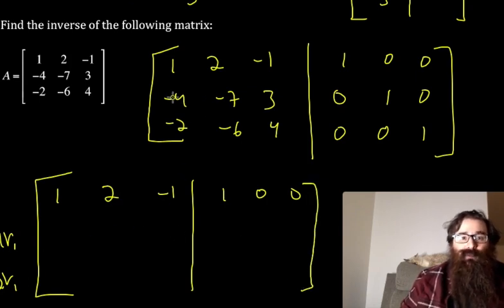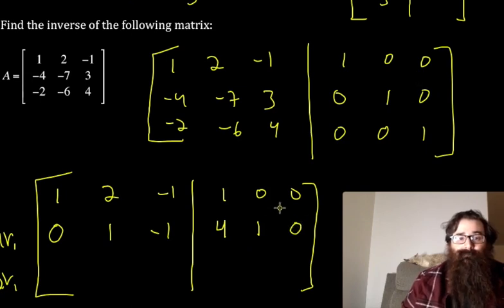In row 2, negative 4 plus 4 times 1 gives me the 0 that I wanted. Negative 7 plus 4 times 2, so negative 7 plus 8, gives me positive 1. 3 plus 4 times negative 1, so 3 minus 4, gives me minus 1. But I have to continue this. So now 0 plus 4 times 1 gives me 4. 1 plus 4 times 0 keeps my 1. And 0 plus 4 times 0 gives me 0.